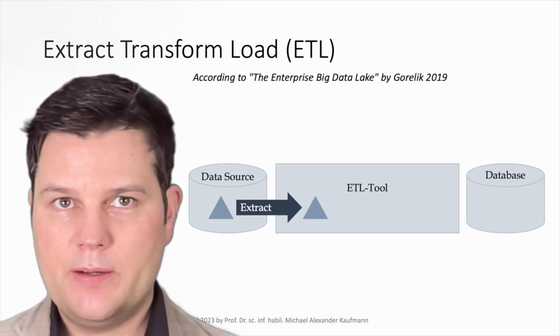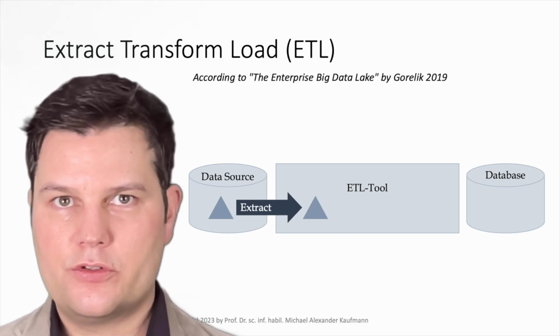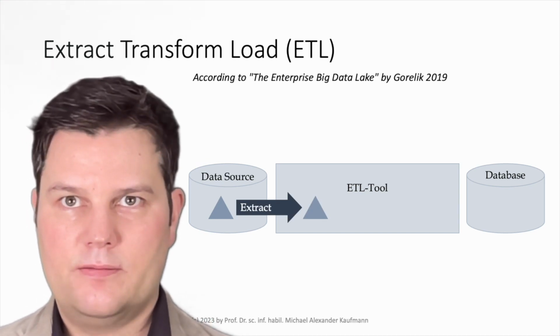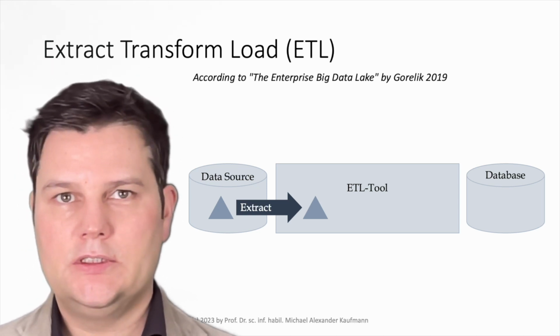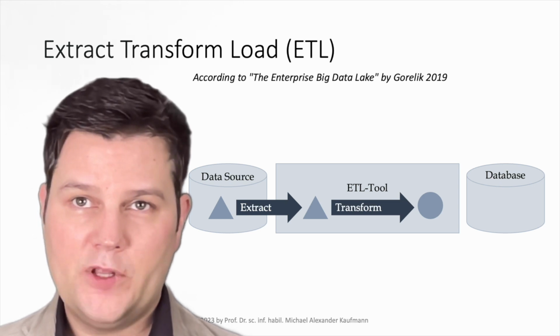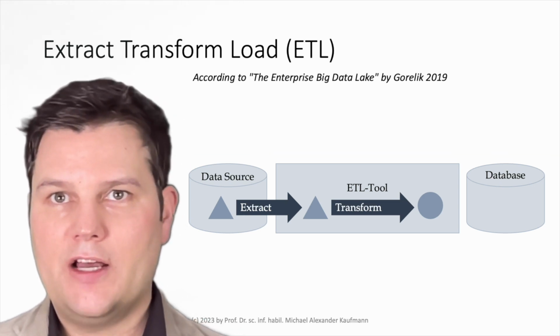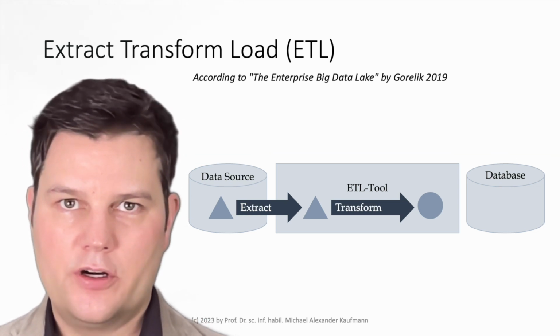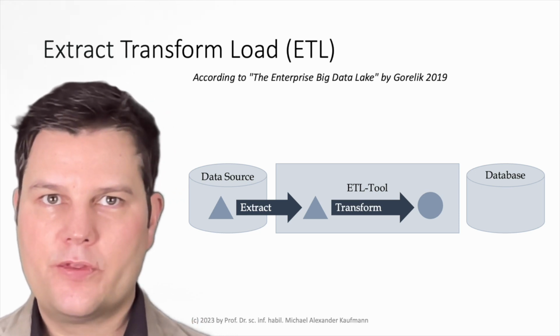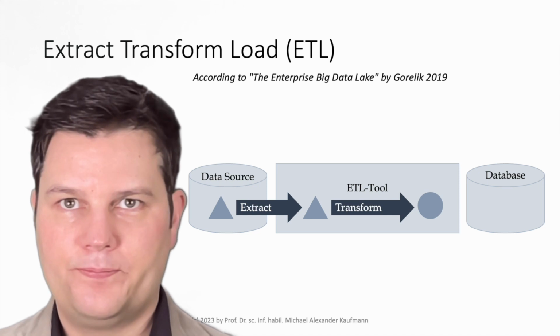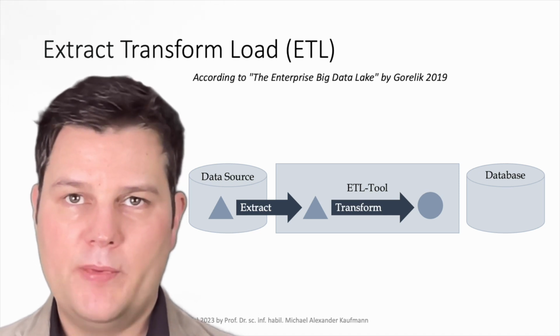Extracting. In the first step, the data is copied from the data source, i.e. extracted. In our case, the data already exists in a downloaded file. Transforming. Typically, the data source does not have exactly the same structure as the target database. Therefore, we need to make adjustments to the data structure and content, i.e. make a transformation of the data.